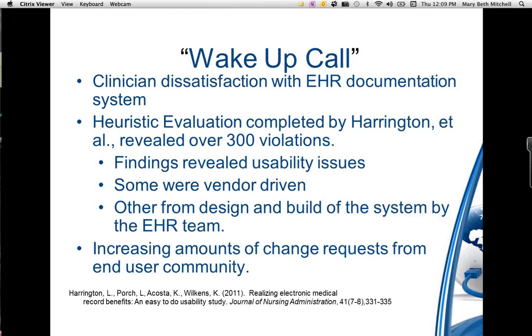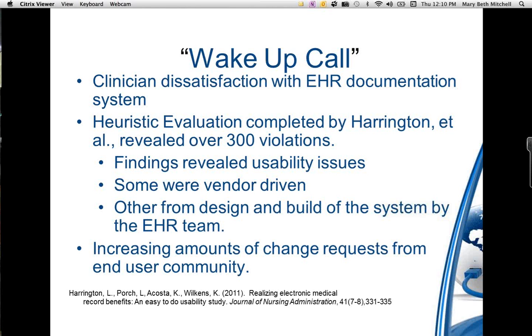A group of nurses from within our organization really did a simple heuristic evaluation and began to find what we call heuristic violations that they found in our EHR, and that was actually just in two main areas.